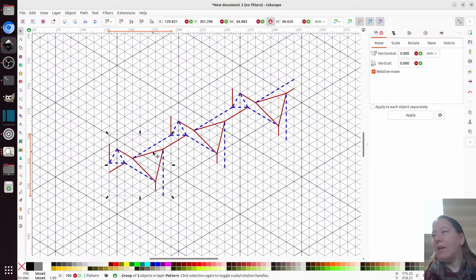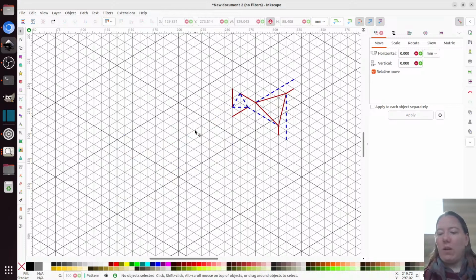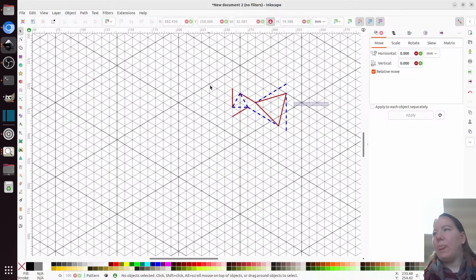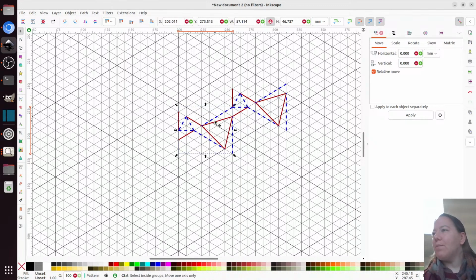And actually I think I didn't shorten the other two pleats here. So you want to make sure that all of your pleats are the same lengths.